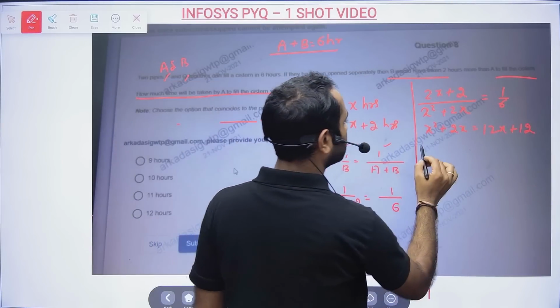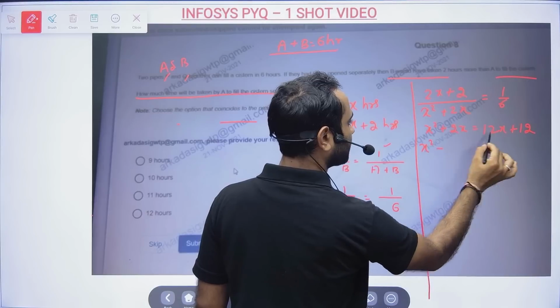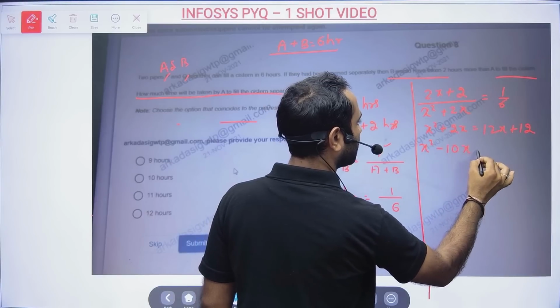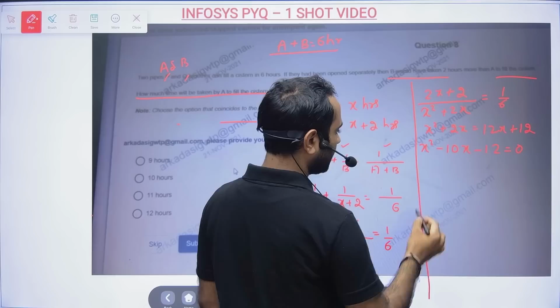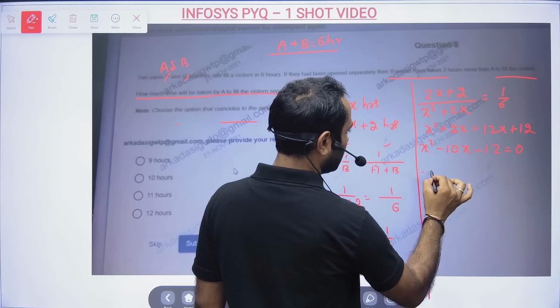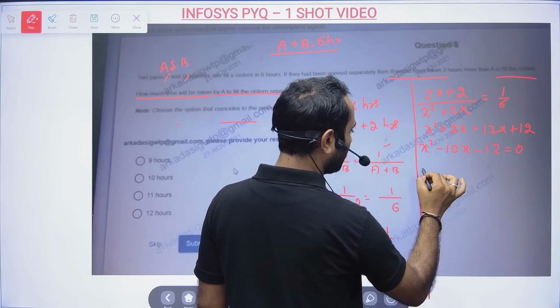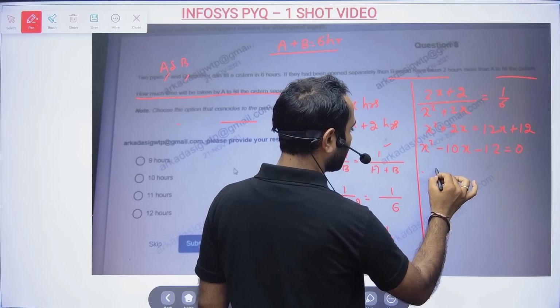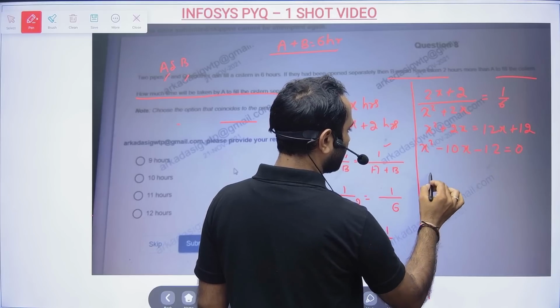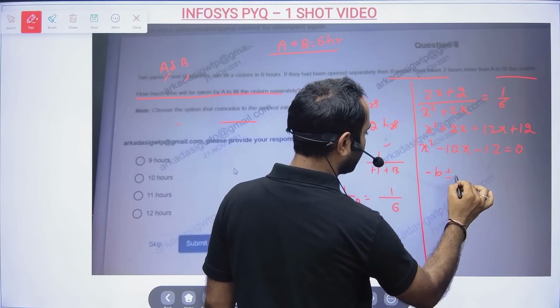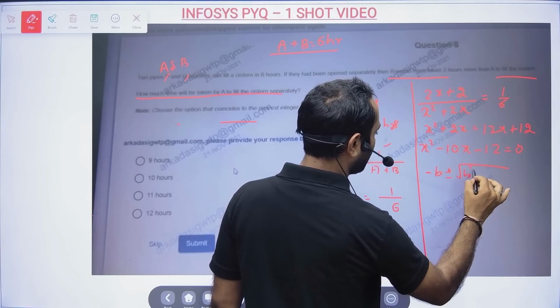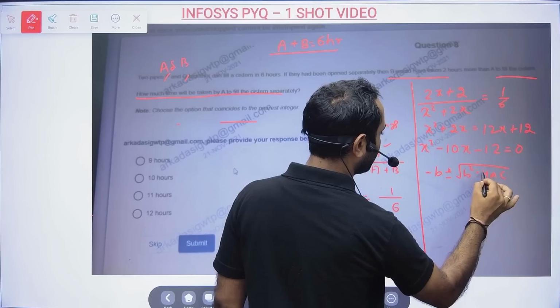Okay, now x square minus 10x minus 12 is equal to 0. Now here, the roots will be minus b plus minus root of b square minus 4ac, divided by 2a.